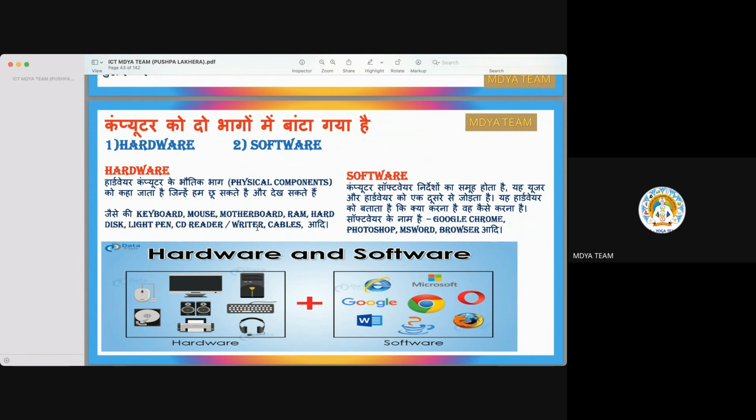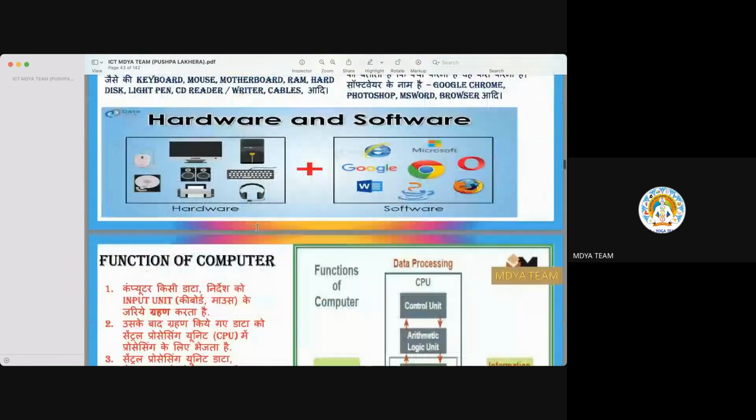So they all come under this term. You can't see Microsoft, you can't see Google, right? They do not have some physical presence. They are the software which are inbuilt within your system, or you can download from some websites. So all those things come under this term software.